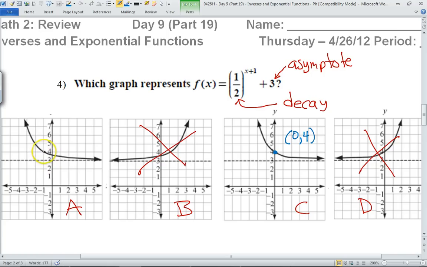On the other hand, graph A has a nice clear point at -1, 4. So if 0, 4 is on the table, it'll be C. If -1, 4 is on the table, it'll be A. Let's see which one it is.